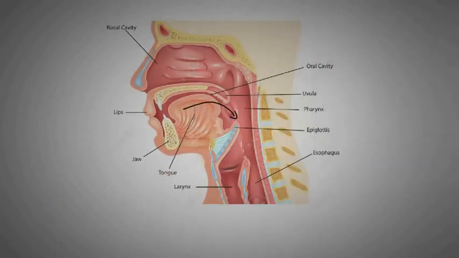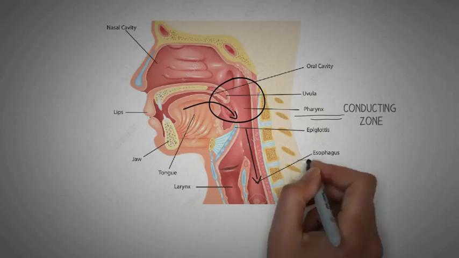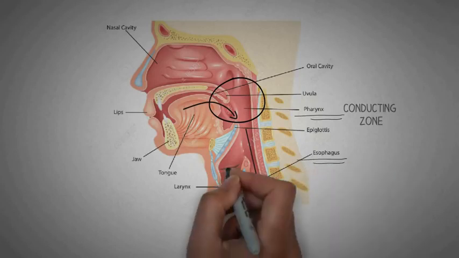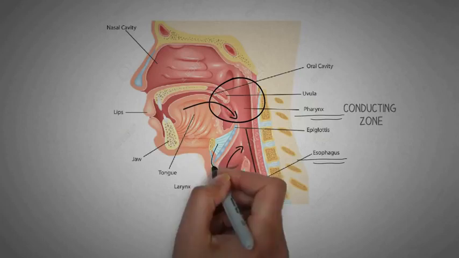So after the food has been chewed and mixed with the saliva, it then passes into the pharynx and then into the esophagus through a series of controlled muscle contractions known as the deglutition reflex. The pharynx is a conducting zone that is a part of both the respiratory tract as well as the digestive system. The pharynx continues down as the esophagus, but it also receives the opening of the larynx anteriorly.